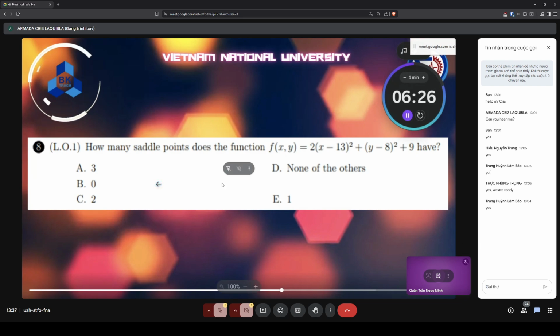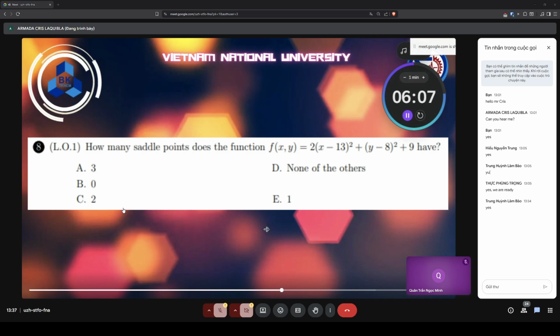So for the saddle points, you need their fx and then fy. And then after that, you set that to 0. Fx is equal to 0, and then your fy is also equal to 0. And then you solve the values of x and y there, and then you have critical points. After the critical points, you do fxx, fxy and fyy.